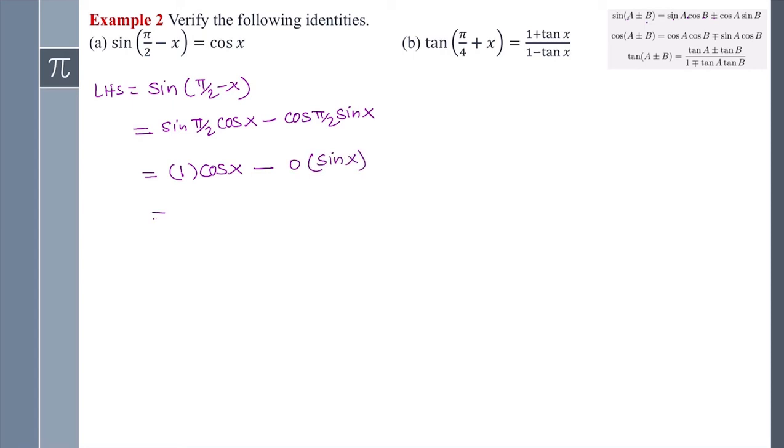And that gives us 1 times cosine, which is cosine x, minus 0 times sine, which is 0. So we get cosine x, which is the right hand side. That means we proved this.